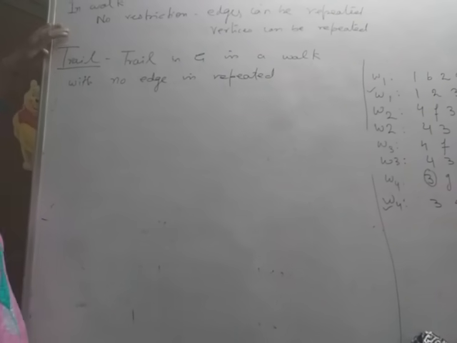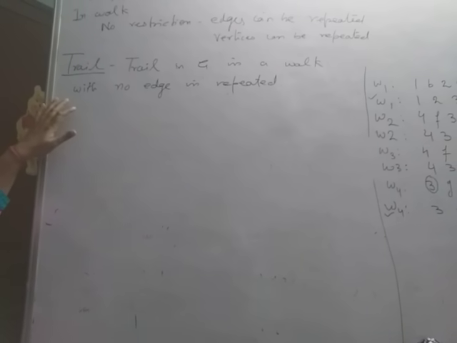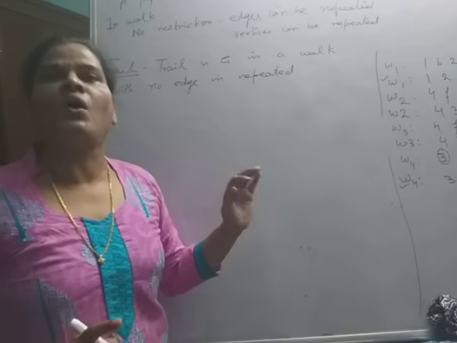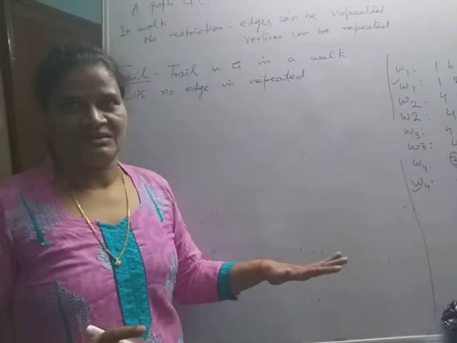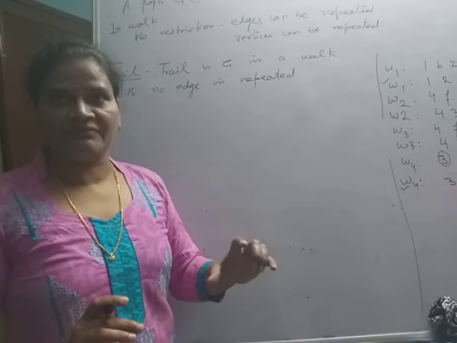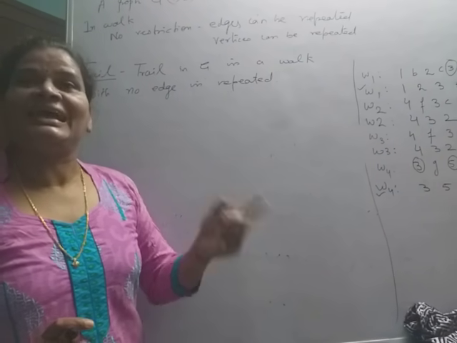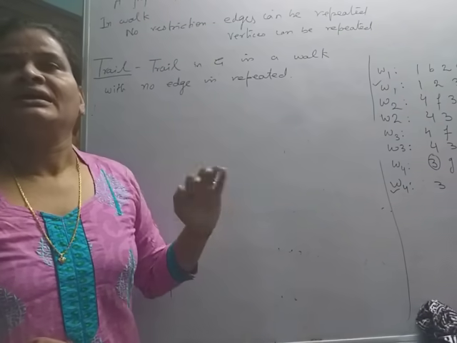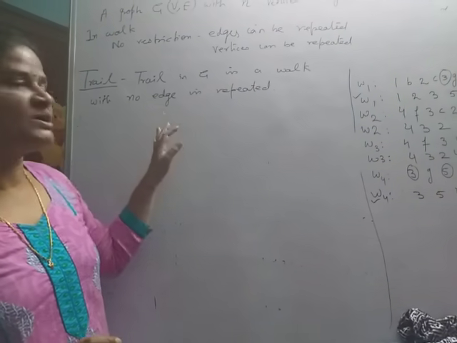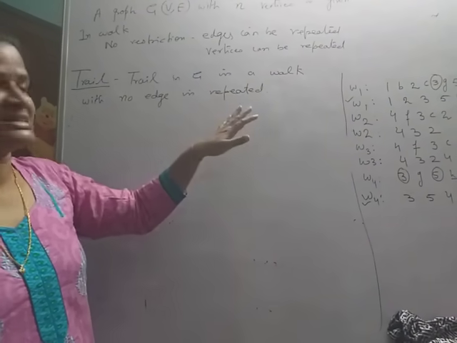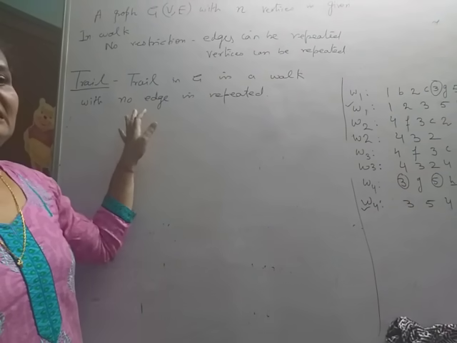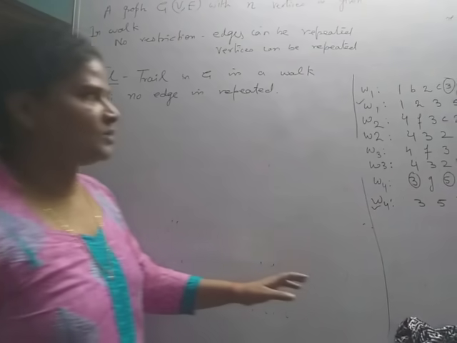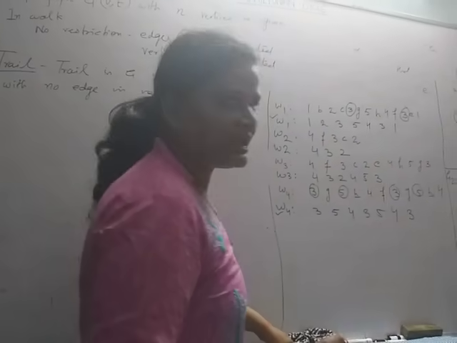So in a walk, if we consider the restriction that no edge is repeated, then the corresponding walk is called trail. When we traverse a graph and if any edge is repeated, then that particular walk is not a trail, because in the walk there is no restriction, but in the trail there is a restriction that edge cannot be repeated.